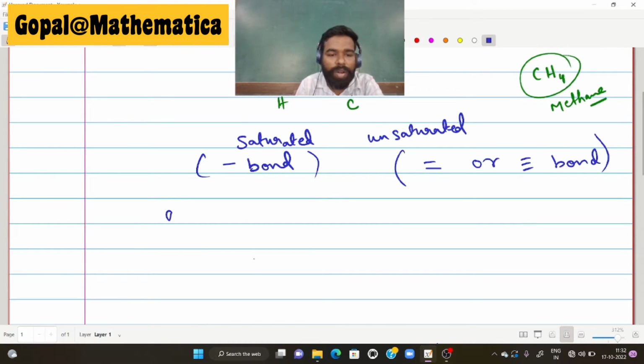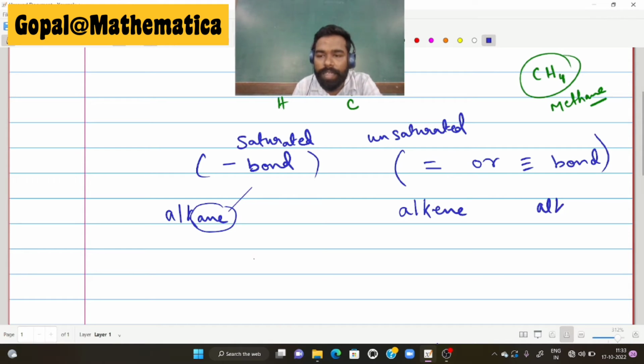Saturated compounds are called alkanes; the A-N-E ending comes for single bond. Unsaturated has two types: alkene and alkyne. Alkene is for double bond and alkyne is for triple bond.